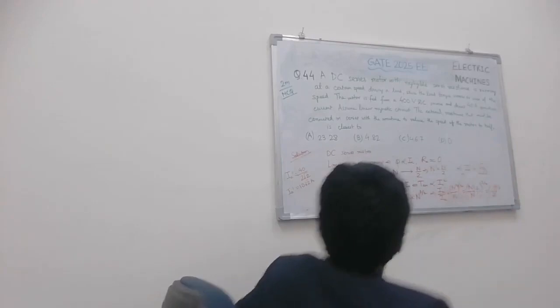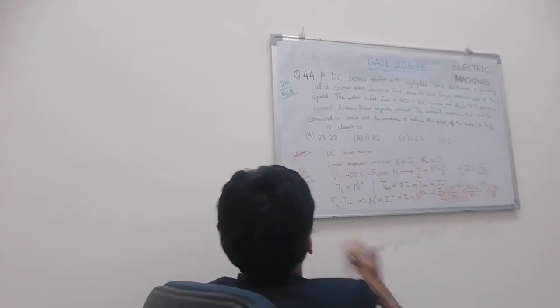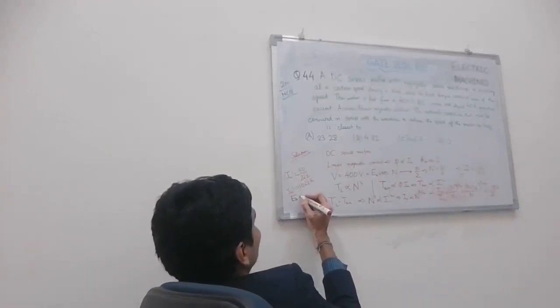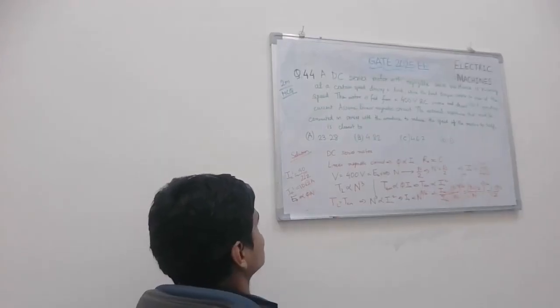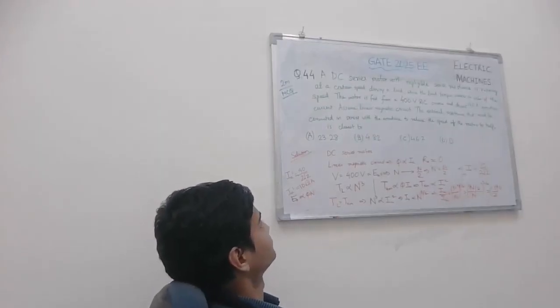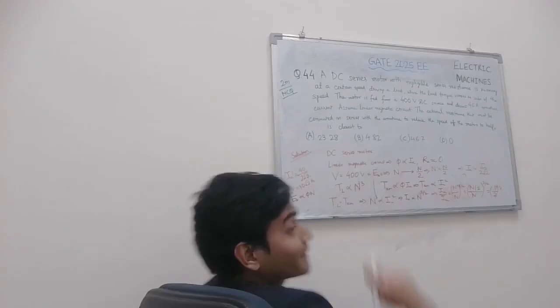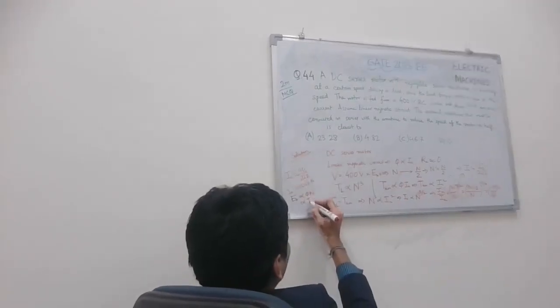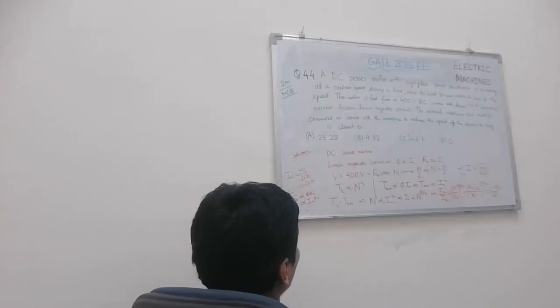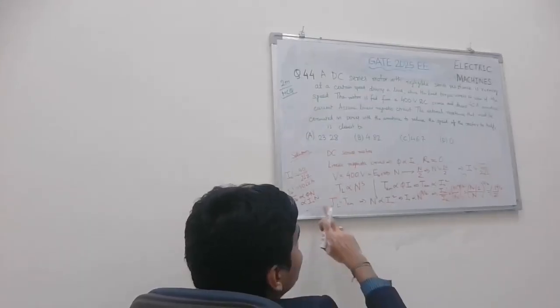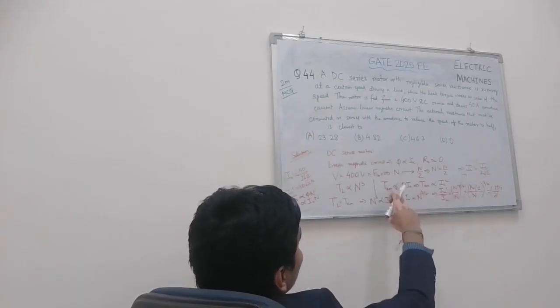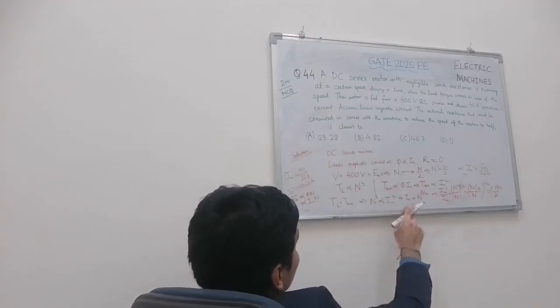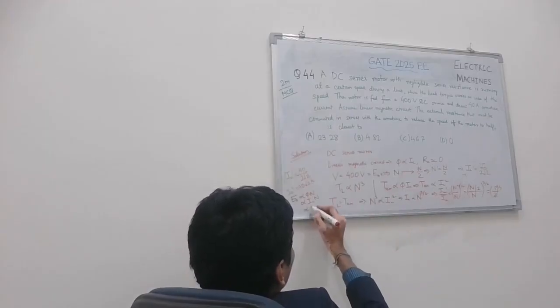For the series linear magnetic circuit, phi is proportional to IA, so it is proportional to IA into n. Now IA is proportional to n to the power 3 by 2, as we got from here. So this is proportional to n to the power 5 by 2.